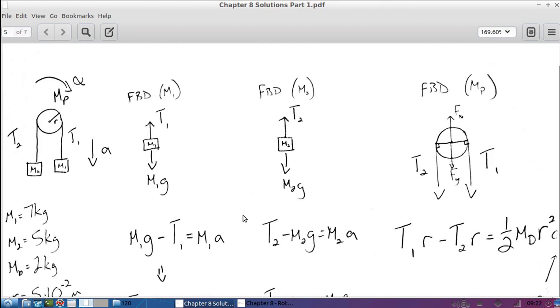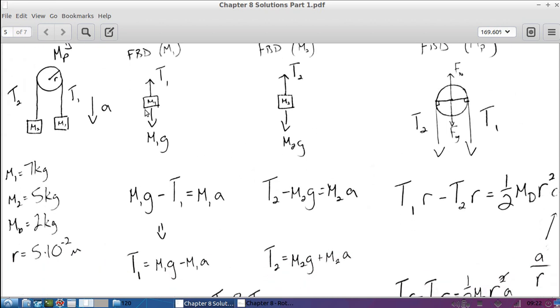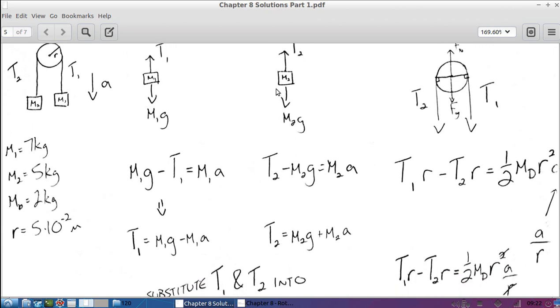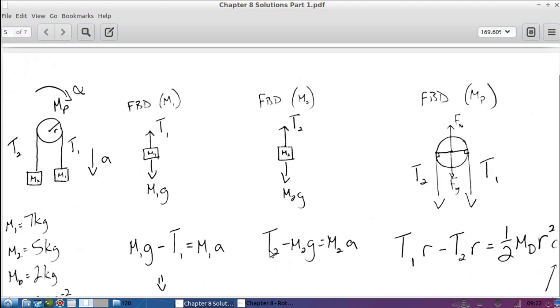Alright, so I'm going to write Newton's second law out for all three of these objects. M1 is accelerating, so M1g is positive to match this direction, my convention. T1 is negative, it's equal to M1a. So here's my Newton's second law. For M2, same thing, except T2 is positive to follow the direction of the acceleration.